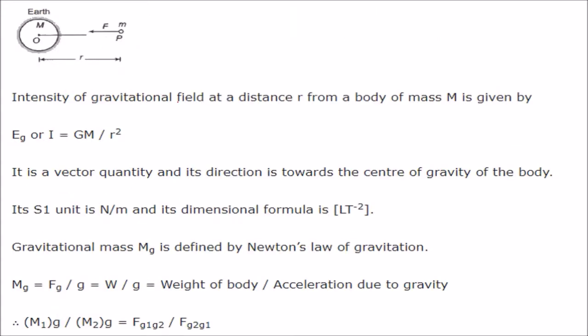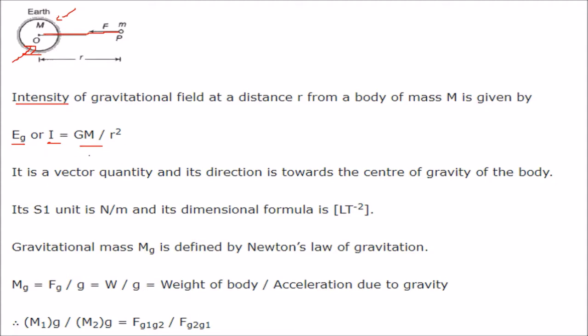Then we have the intensity of gravitational field. This is very important. We write it as Eg or I. This is the intensity of gravitational field at some distance r from a body of mass M. The gravitational field intensity is given by G into M, where capital M is the mass of the Earth in this example, divided by r squared, the distance of that object from the center of the Earth.